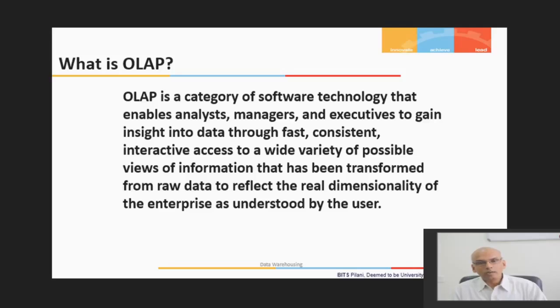So now we are going to study online analytical processing, which is used to help the decision makers. So let's look at the definition for online analytical processing. It is meant for executives, managers, and analysts, and should provide fast and consistent access and enable interactive mode access.